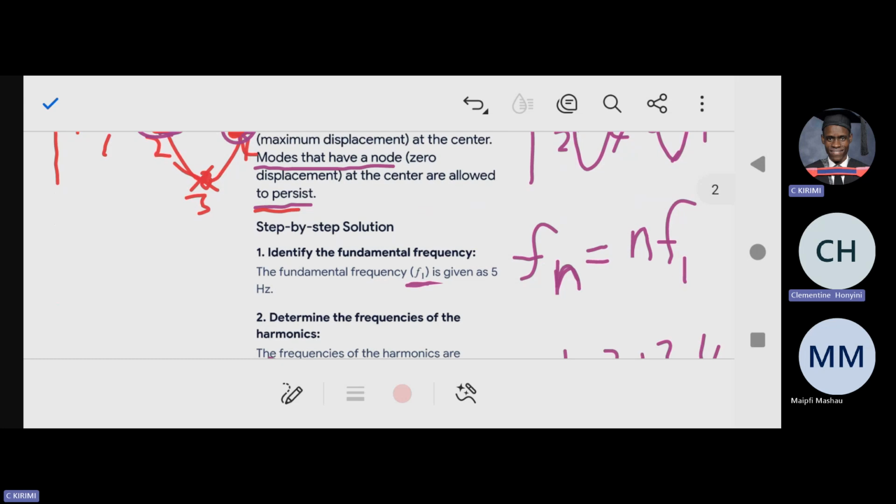Then from there, you can introduce the formula to say the fundamental frequency F1 is given by what? So that when you are substituting into your equations, where Fn equals n multiplied by F1, we want to know what F1 is. So you mention that the fundamental frequency F1 is given as 5.